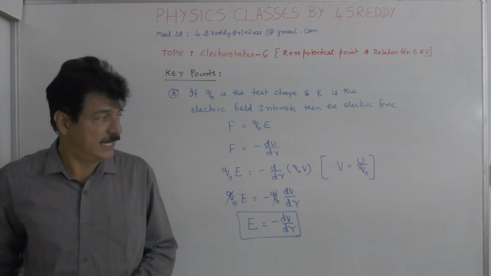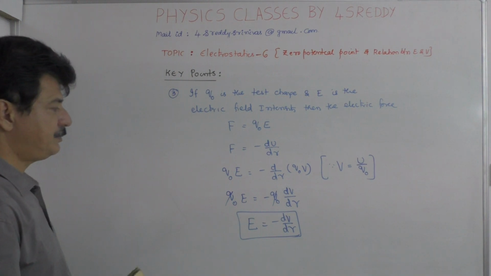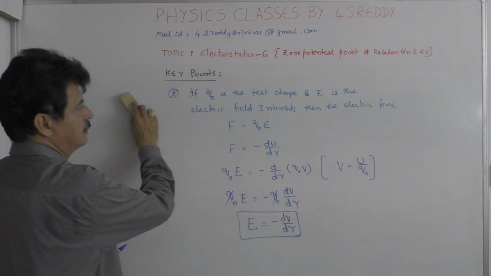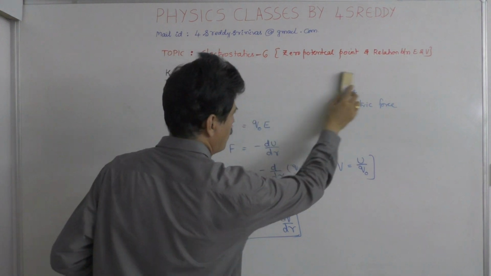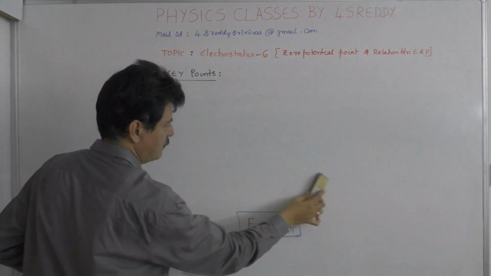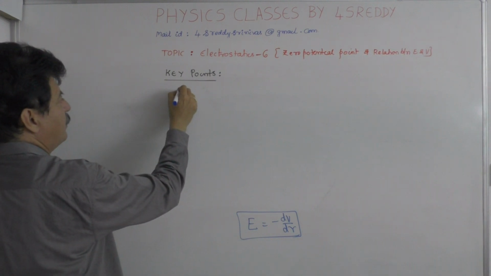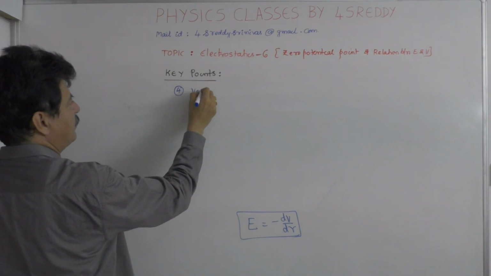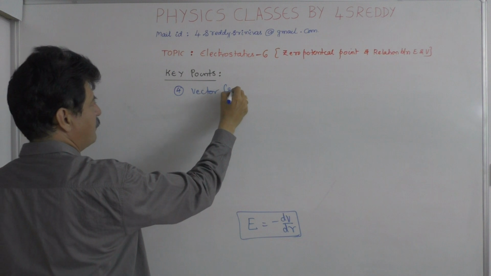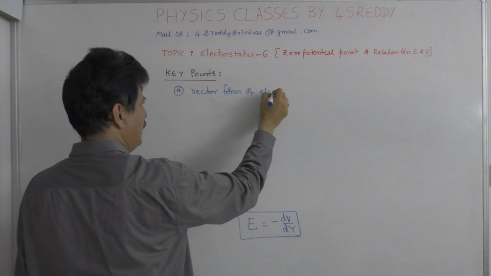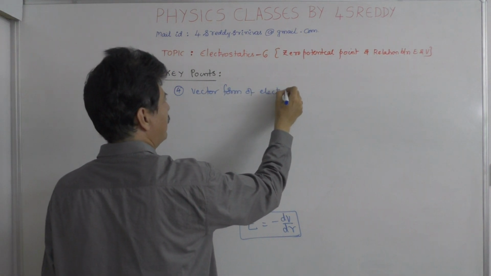And once you got the idea of this, another point is the vector form of electric field intensity.